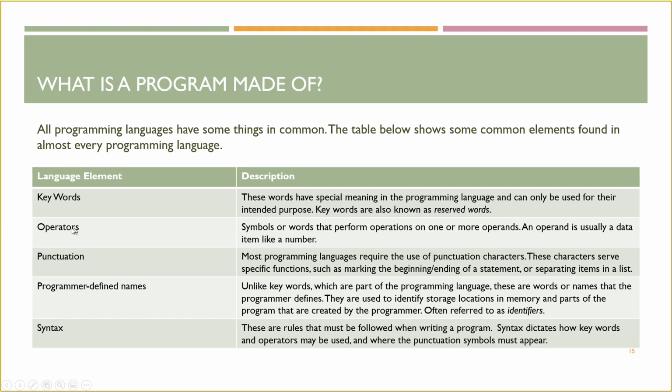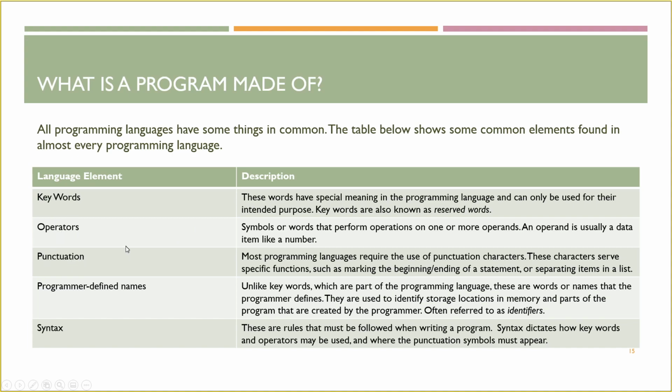An operator is just a symbol or a word that performs operations on one or more operands. And we think about operands as usually some kind of data item like a number. So our addition operator would be the plus sign, right? X plus Y, plus would be our operator here.